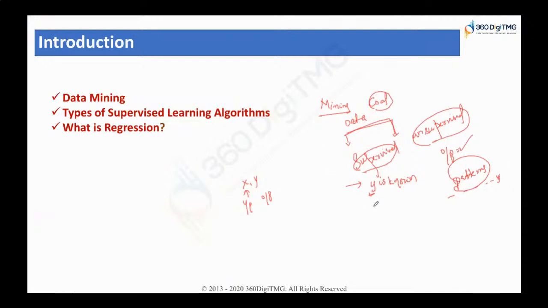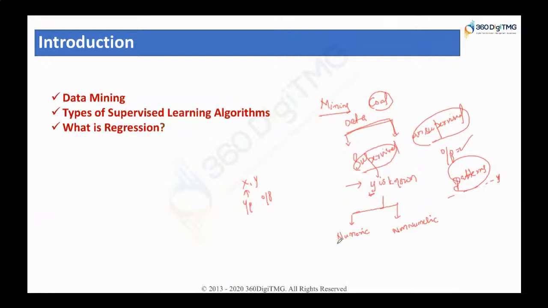Now, when we come to Y being known to us, the output is known to us, we have two options here. It can be a number, or it can be categorical, or I can say non-numeric.